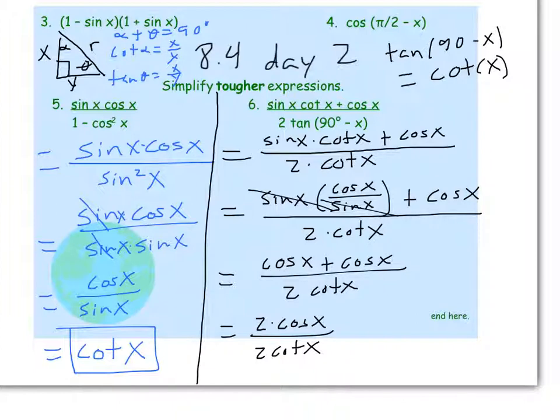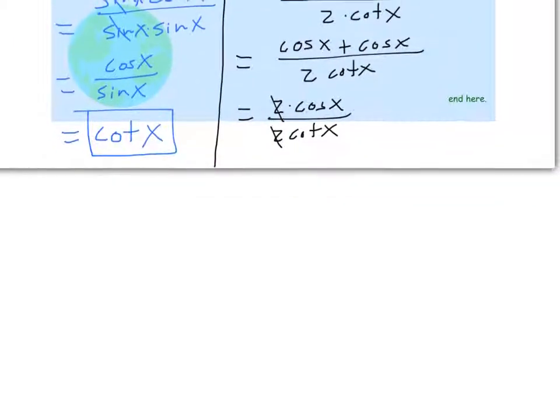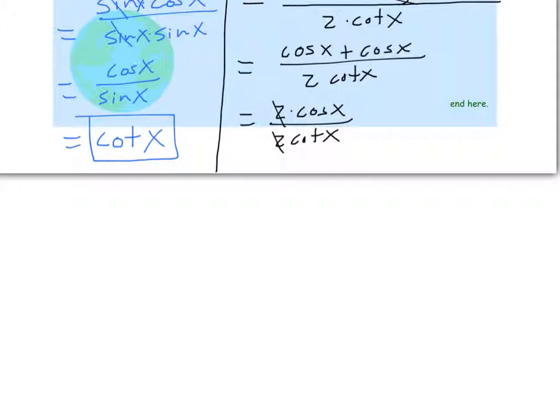This is a case where I simply can cancel the 2's. There's no addition in there, it's all multiplication. And that leaves me with cosine of x over cotangent. This one's getting a little bit long, but we're getting close.